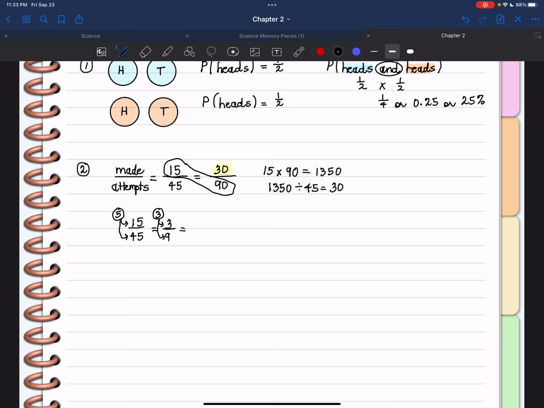That means that his free throw percentage is 1 out of 3, or 0.33, or 33% free throw shooter. And then you can take the 90. You could do 1/3 of 90. So that's 1/3 times 90, which is 90 over 3, or 30.